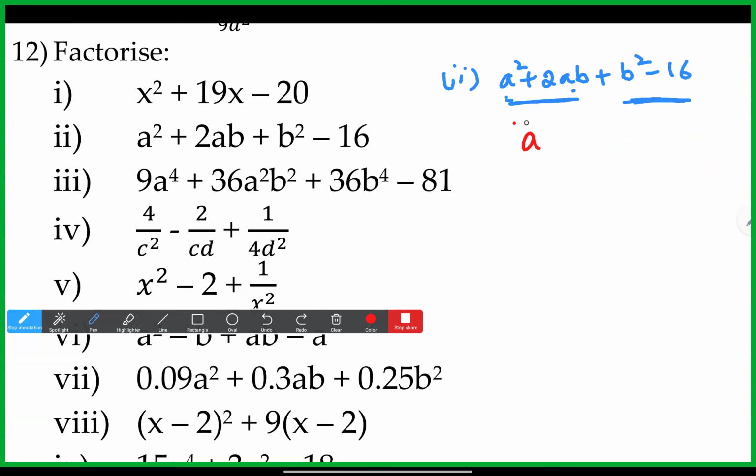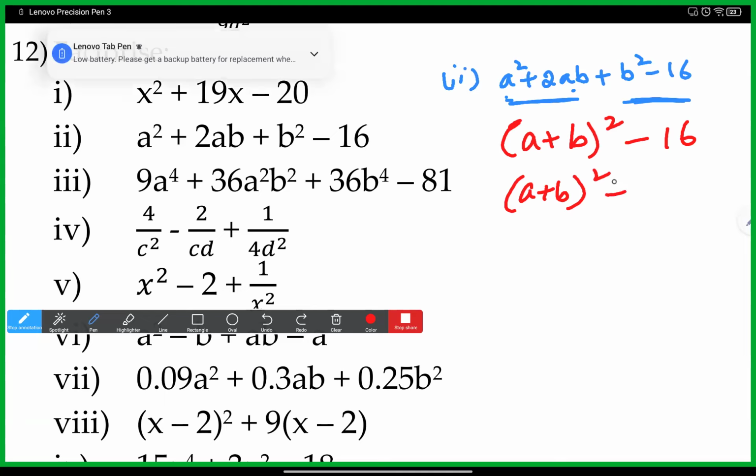A plus b whole square, sir. Yes, a plus b whole square. So now first 3 terms I can write as a plus b whole square, because it is of the form a square plus 2ab plus b square, and 16. Now 16 can be written as 4 square.